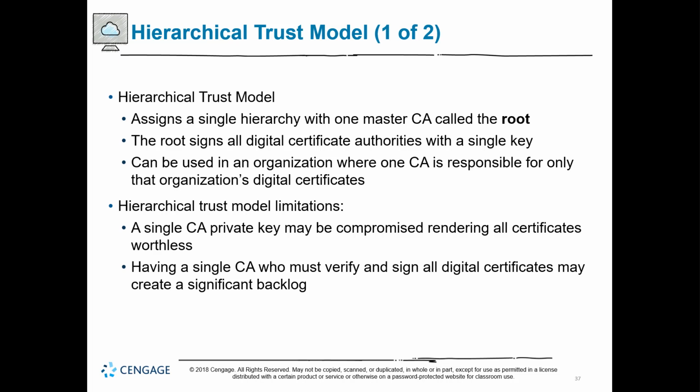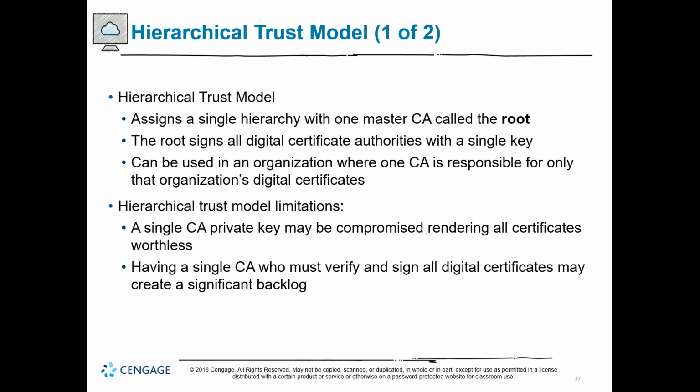This is called a hierarchy trust model. And again, we've already looked at a root certificate, and we trust things below them because we trust the root. This essentially allows a single certificate to have a private key that can be compromised, rendering all certificates below it worthless. So that's an issue with the trust model.